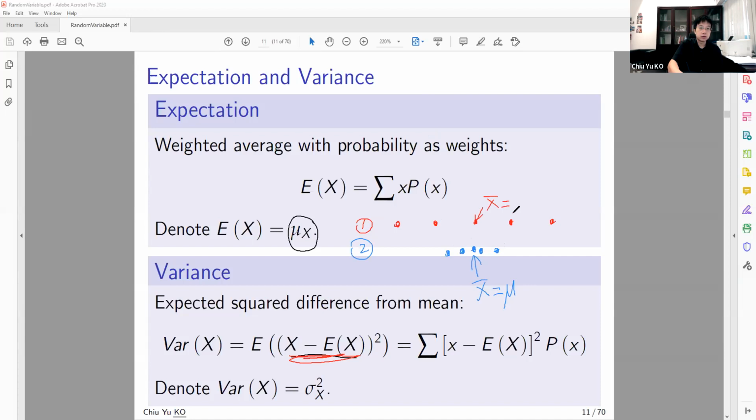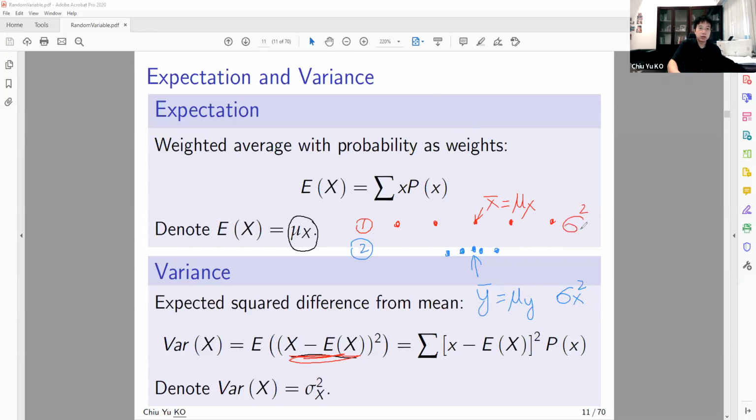This is also mu. Maybe I use y to be a little bit easier to understand. So this is y. It's color blue. Y bar, it's mu of y.